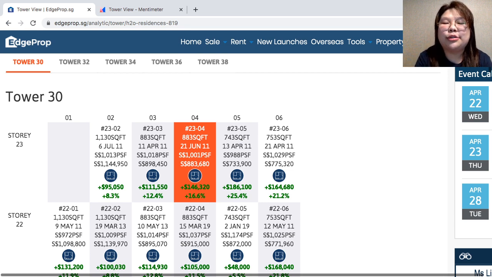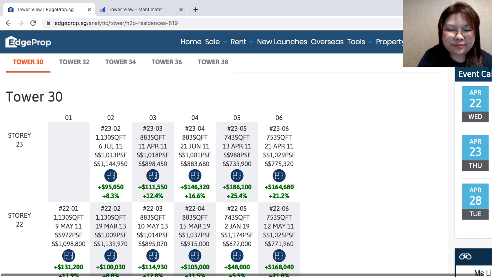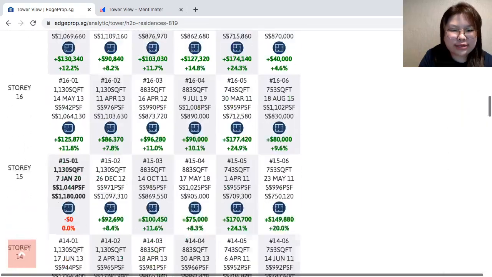Today, if they were to sell, based on Edge Fair Value, which is EdgeProp's indicative valuation, this owner is likely to make a profit of about 146,000, which works out to about 16.6% in profits.